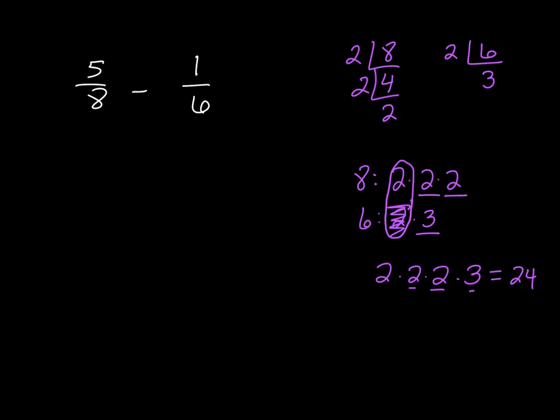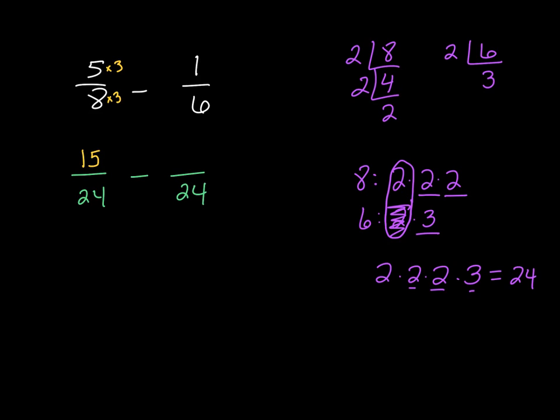Now, most of these you may be able to look at and figure out in your head what the least common multiple is, but if you can't, then you can go through this process to figure it out. So for this problem, our least common multiple, our denominator, as we just figured out, is 24. And so for the first fraction, 8 would have to be multiplied by 3, which means I also multiply my numerator by 3.